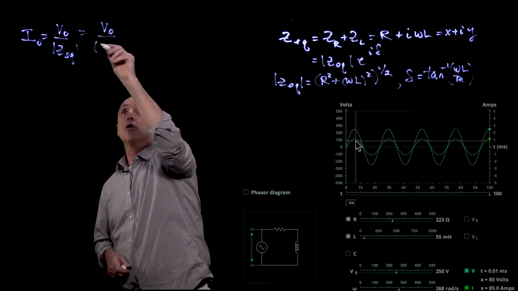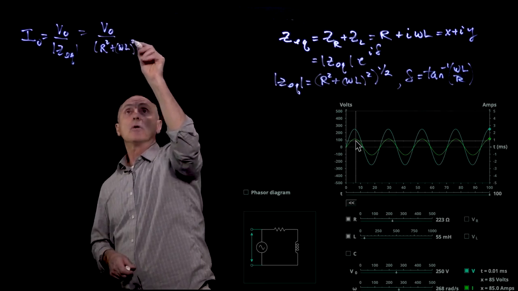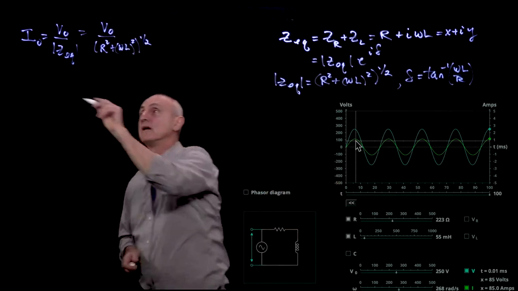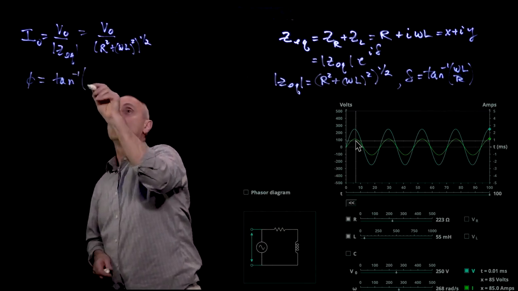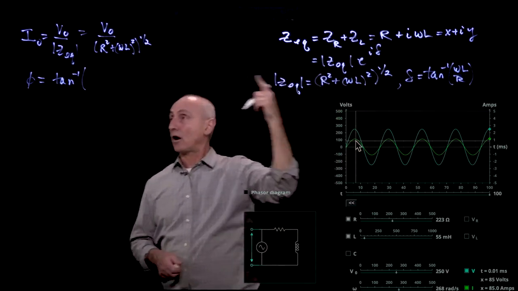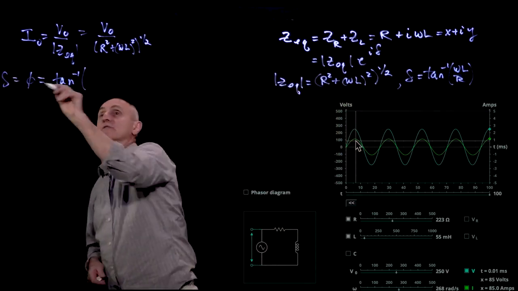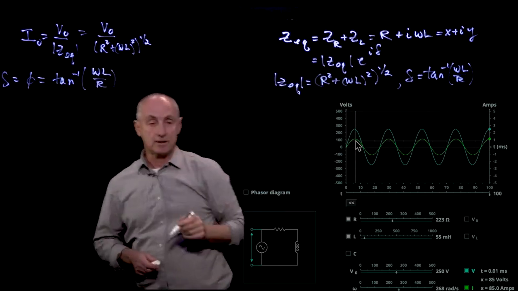That's V0 over R squared plus omega L, quantity squared, to the 1/2. And the phase of the current, phi, is equal to the inverse tangent of omega L over R, because delta is equal to that phase.